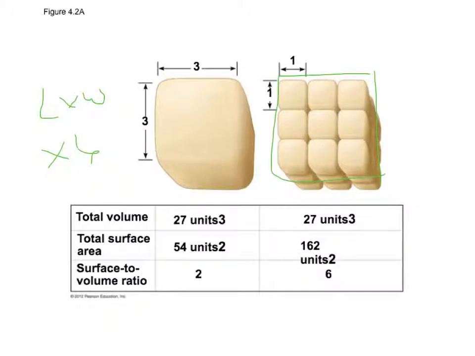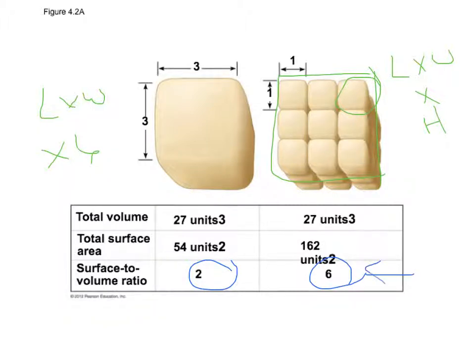We can then figure out the volume, which is length times width times height, and multiply it by the number of cells that take up that space. So we can see here our surface area to volume ratio for the big cell is only 2, but if we have a bunch of little cells occupying the same space, our surface area to volume ratio is 6. And that's what we want.